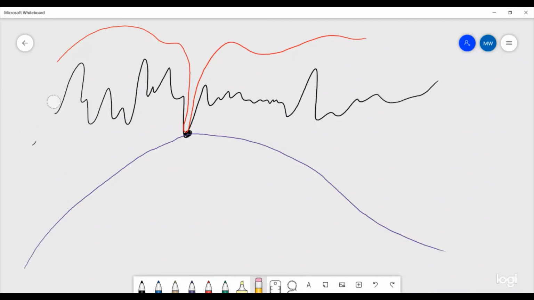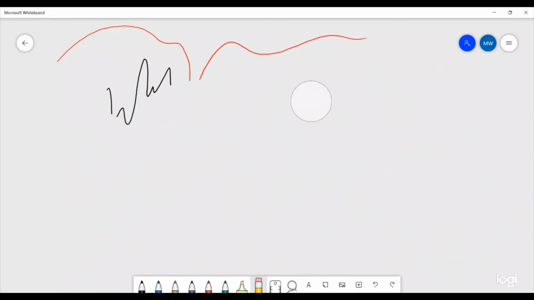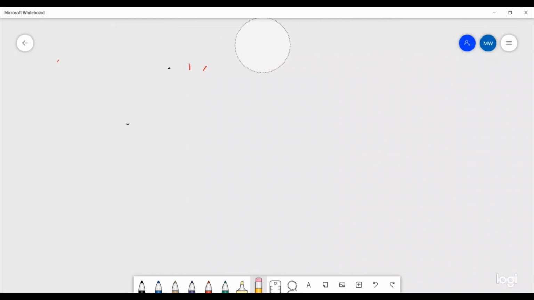Now, this graph is a little bit hard to visualize, so let's just redraw it to make it a slightly easier one to do. One of the classic examples of this is going to be the function f of x equals x squared sine of 1 over x.